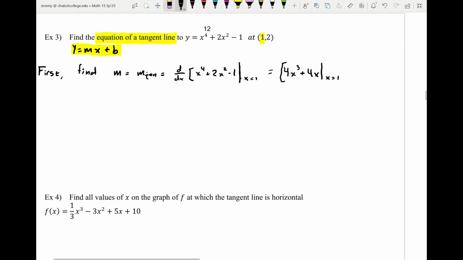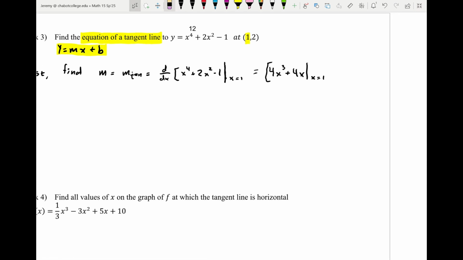So let's plug 1 into this. And I'm going to get 4 times 1 cubed plus 4 times 1. So it's just going to be 4 plus 4. I'm getting 8. All right, very good.